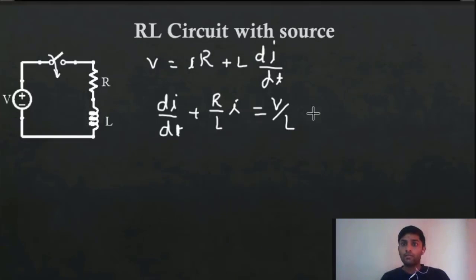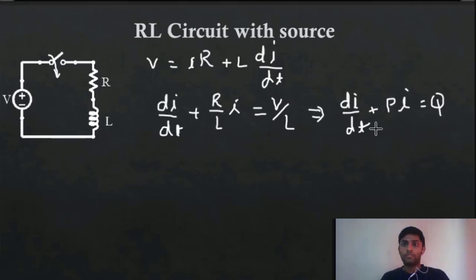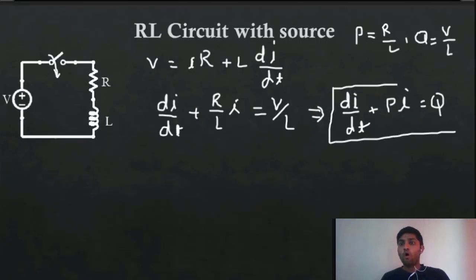We can rewrite this equation in the most standard way: di by dt plus P I is equal to Q. Here in this question, the value of P will be R by L, and the value of Q will be V by L.